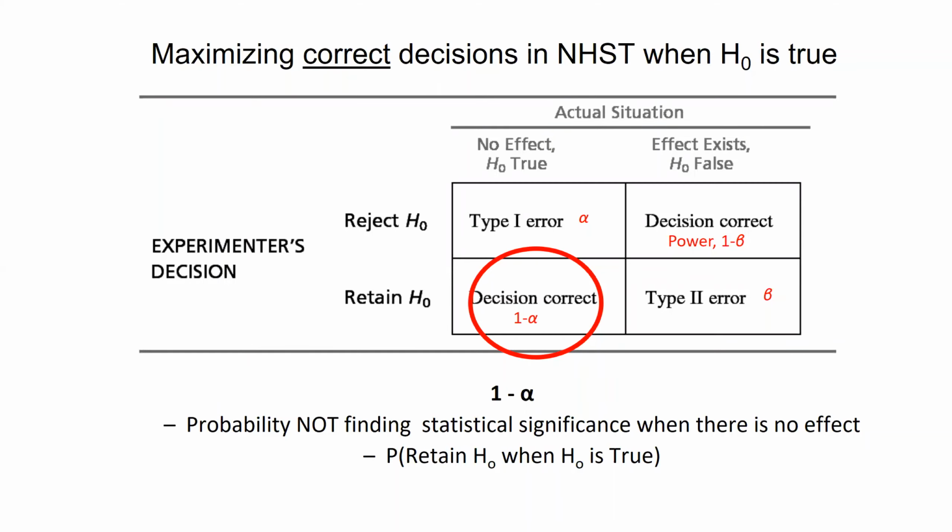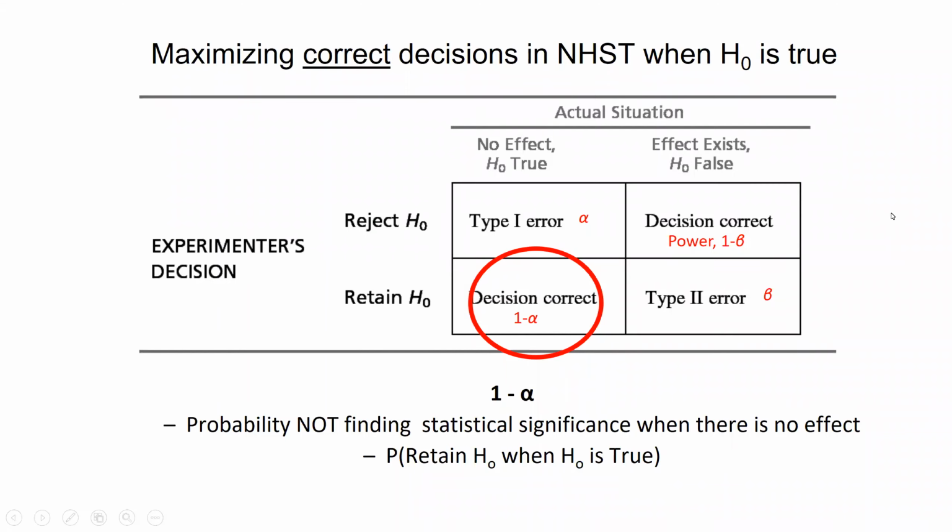And since 1 minus alpha is the probability of not finding statistical significance when there is no effect, they want a high probability of that. They want a high likelihood of retaining the null hypothesis when it's the right hypothesis. Nobody really wants to retain their null hypothesis, but it's the safe thing to do, and it's the correct thing to do when it's true. So you don't want to make a mistake that kind of favors your possible publication rate.